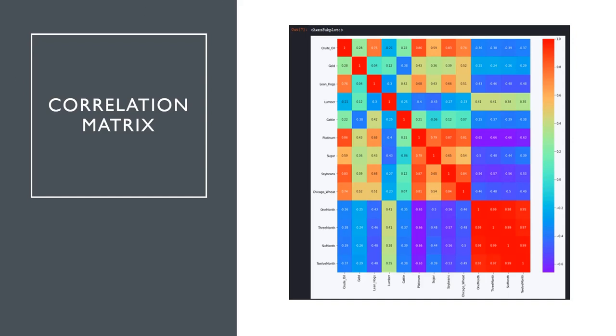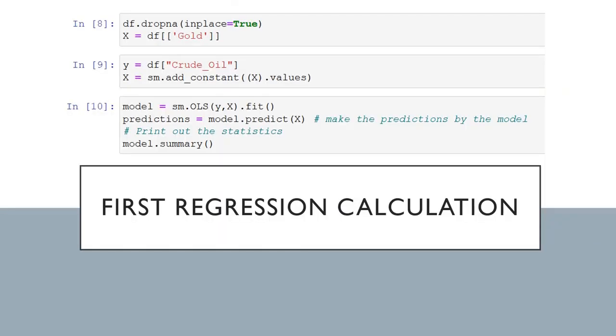To do the first regression calculation, drop all of the null values as shown here in window 8. Window 9 specifies the dependent variable y, which is crude oil. The independent variable x was specified in window 8, and that is gold.